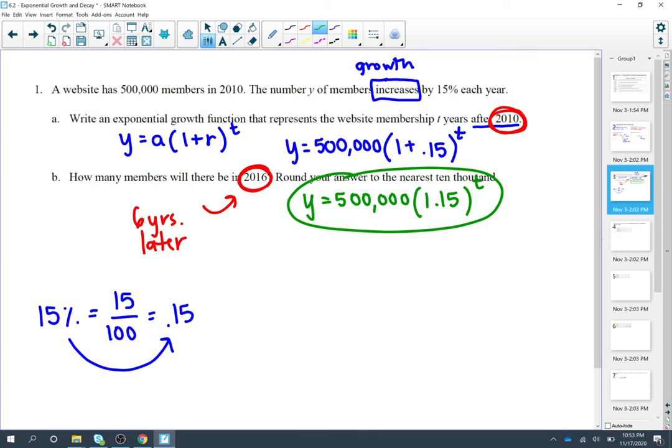So I'm going to figure out y equals 500,000 times 1.15 to the power of 6, because from 2010 to 2016, we're talking 6 years later.